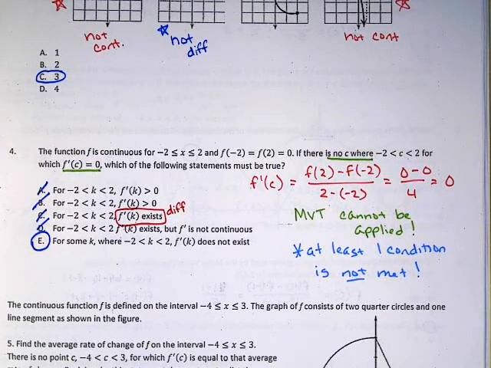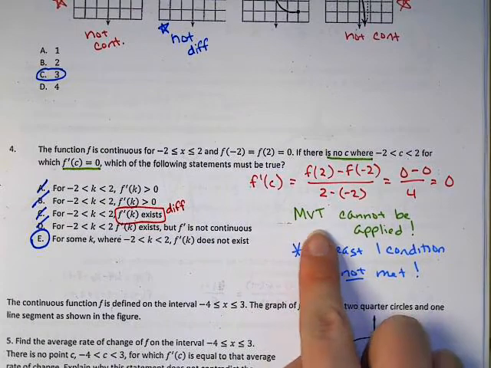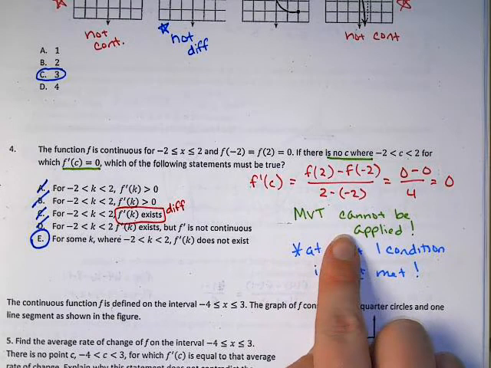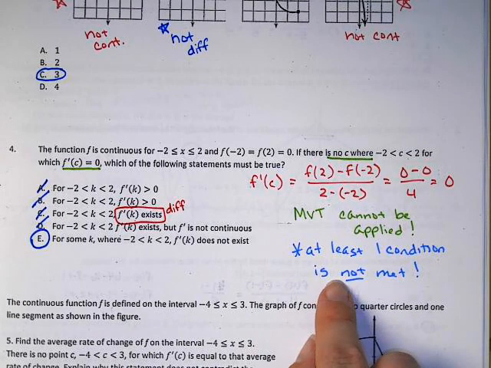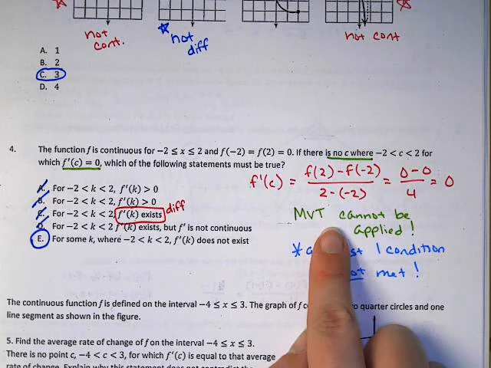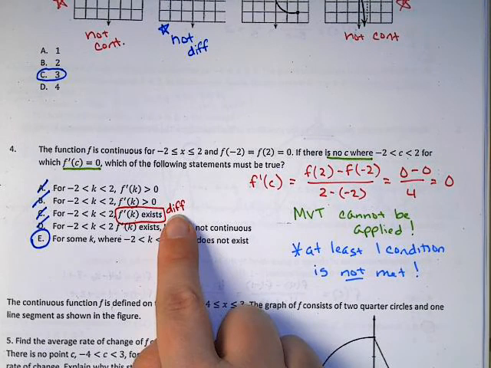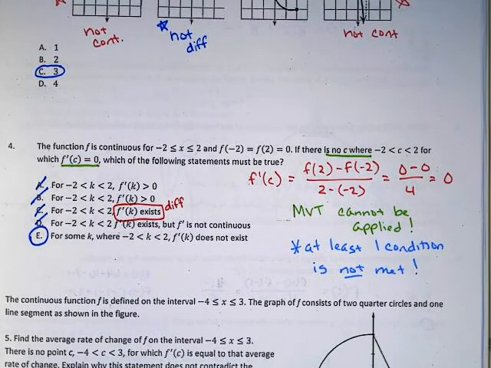If it's differentiable on that interval, then the MVT should be applied. But since this says that the MVT cannot be applied, this must not be true. We have to keep in mind that we're looking for one that must be true here. So it has to be choice E, saying that f prime of k does not exist at some point.